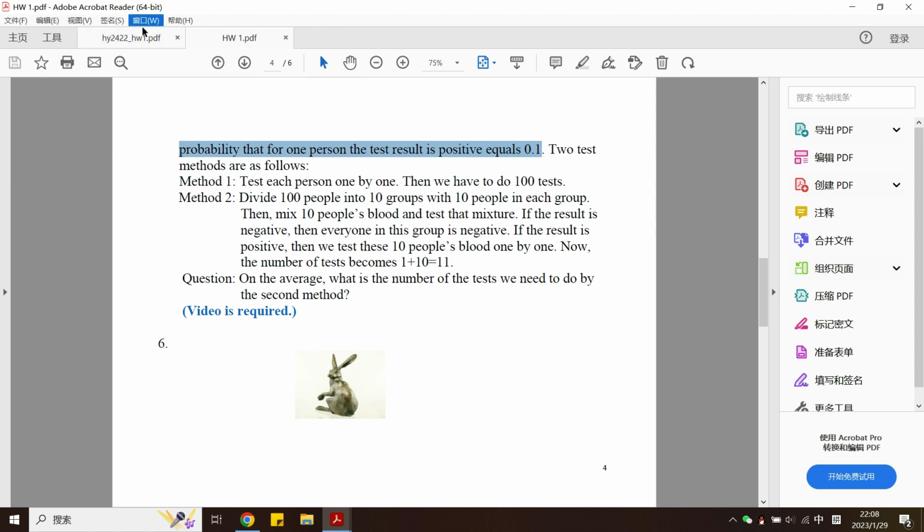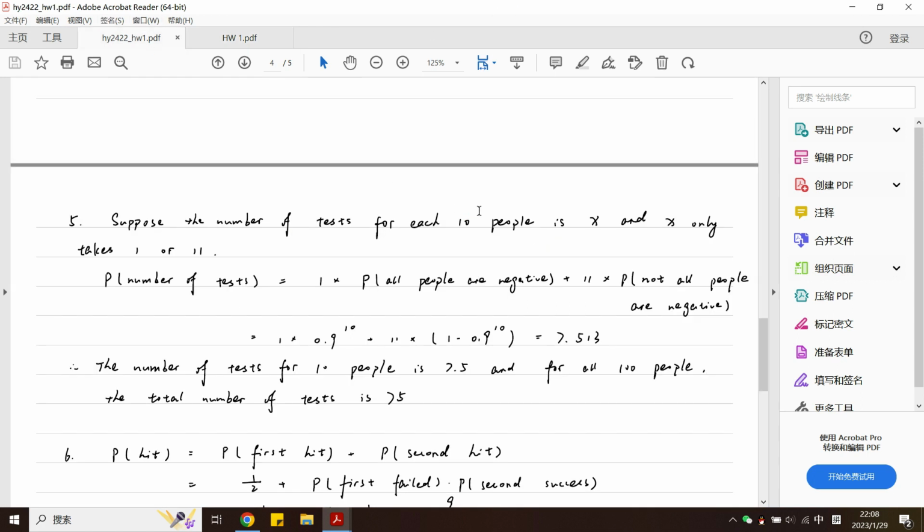So if all the people in one group are negative, it will be 0.9 times itself 10 times, 0.9^10. This is the probability that all people are negative.